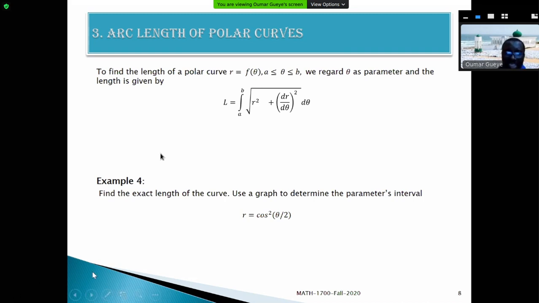Just keep in mind, in this case, we want to get the length of the entire curve, not a portion of the curve. And as you know, when you want to go around the entire curve, theta is going from 0 to pi for the polar curve.